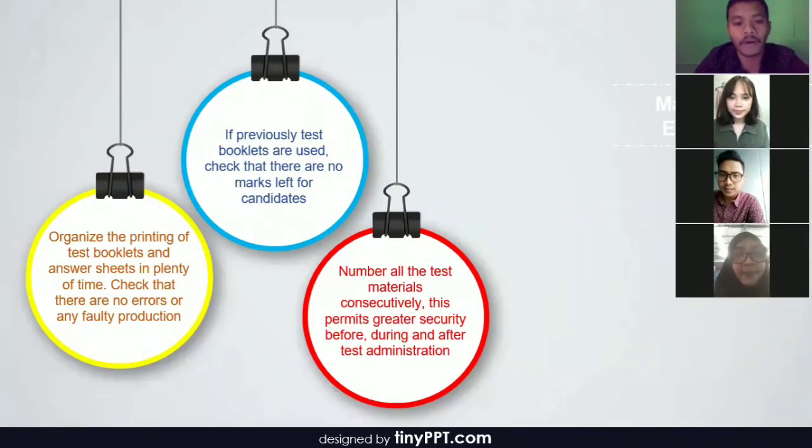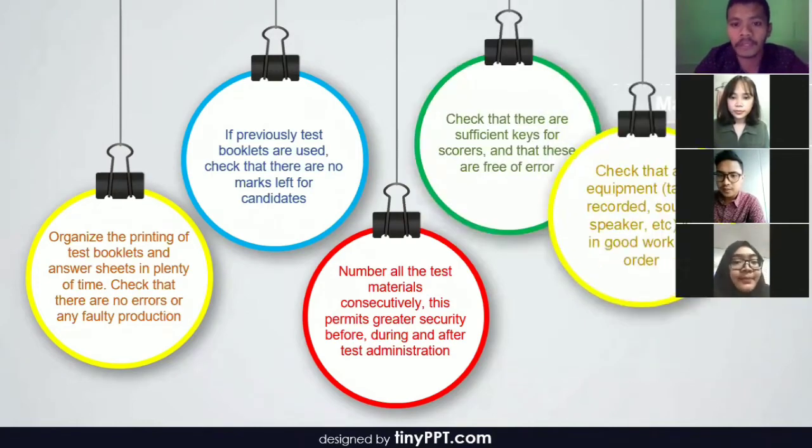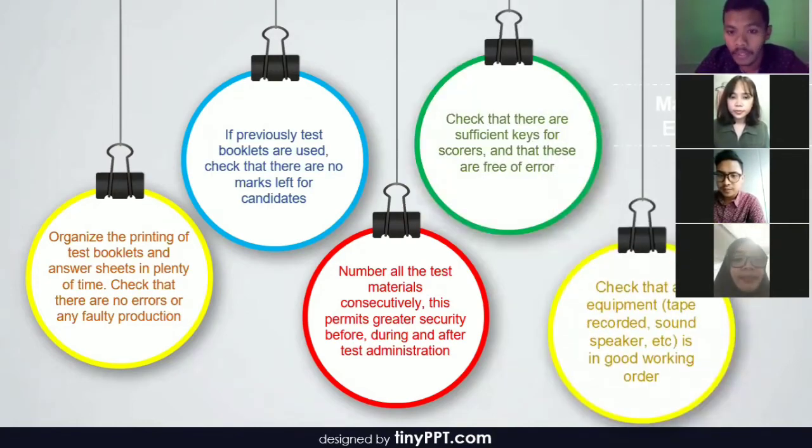Third, number all the test materials consecutively. This permits greater security before, during, and after test administration. Fourth, check that there are sufficient keys for scorers and that these are free of errors. And the last, check that all equipment, like tape recorder, sound speaker, etc., is in good working order.